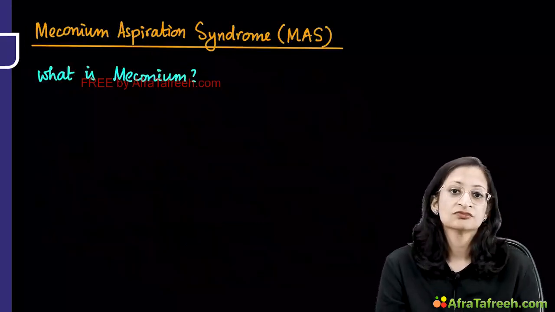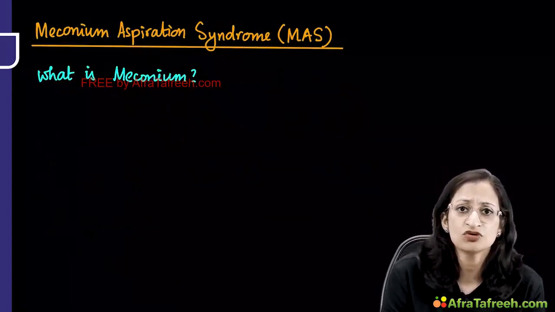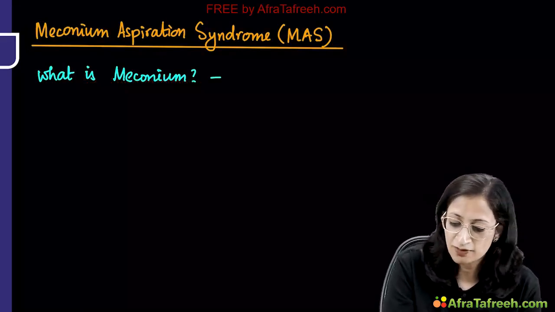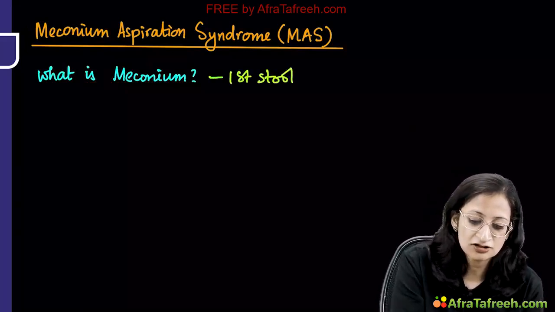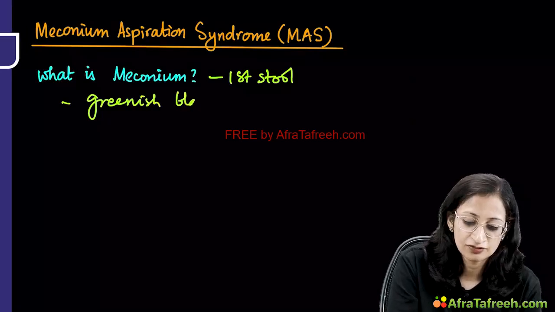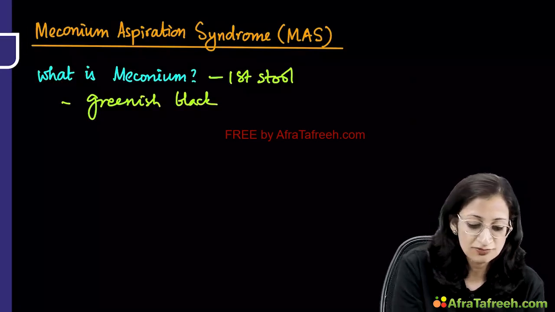Okay. Now, moving ahead to a little bit about meconium aspiration syndrome. But before that, you need to know what is a meconium. So meconium basically is the first stool passed by the neonate, and it is usually greenish black in color. What is the composition of meconium? What all things are present inside meconium?